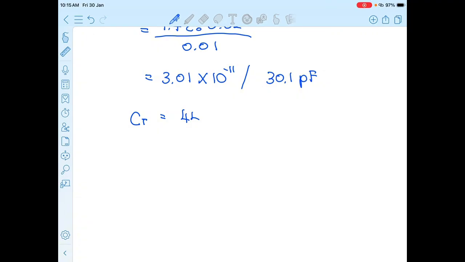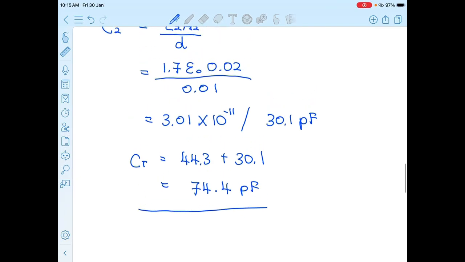So 44.3 plus 30.1 picofarad is 74.4 picofarad. So this is the total capacitance for this configuration.